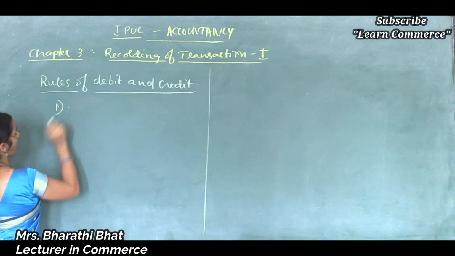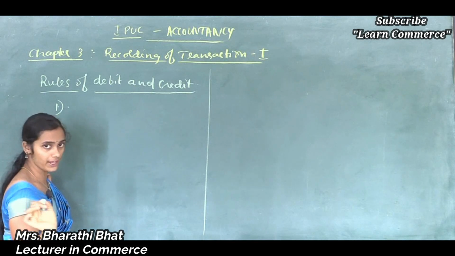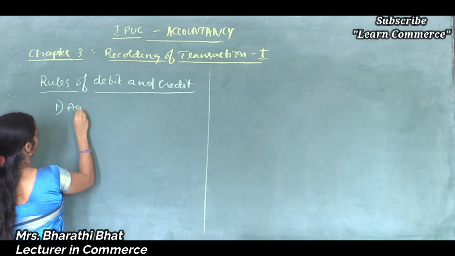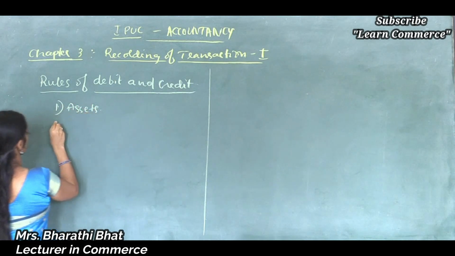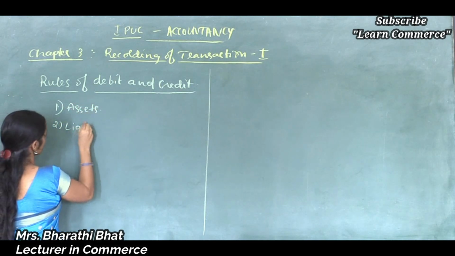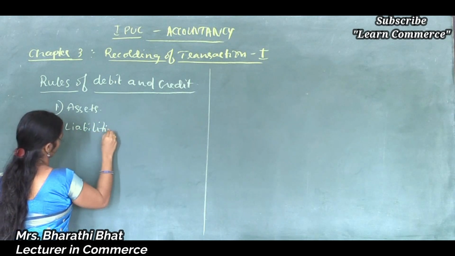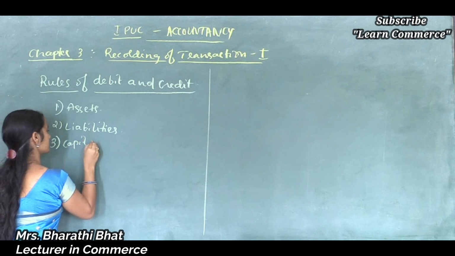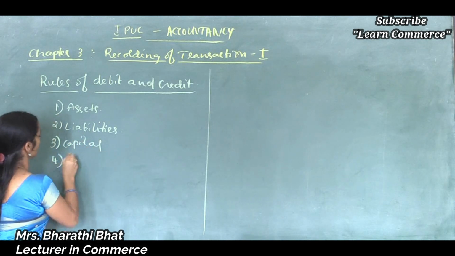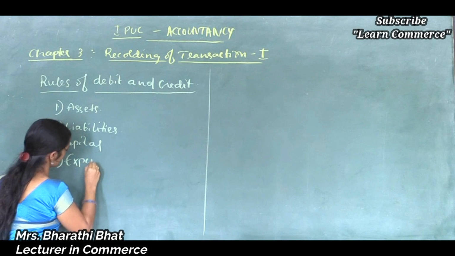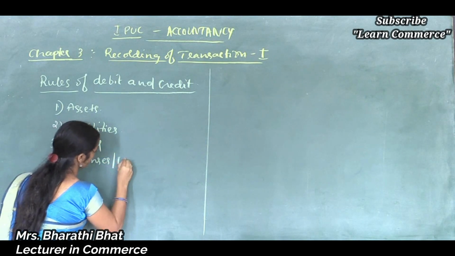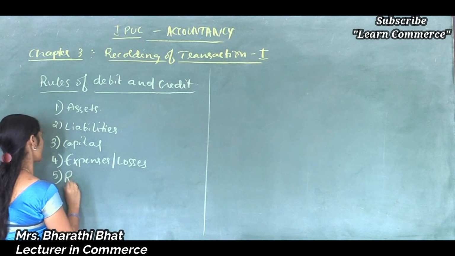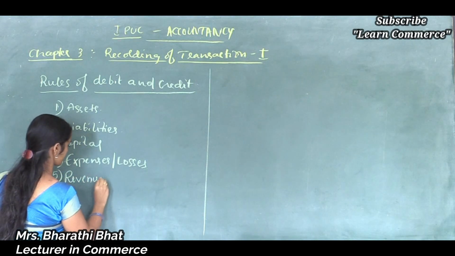First, the 5 types of accounts, 5 important types of accounts. One is assets, second is liabilities, third is capital, fourth is expenses or losses, and fifth is revenues or gains.